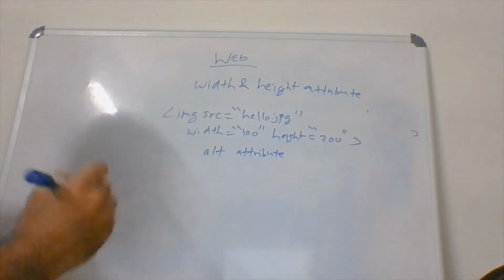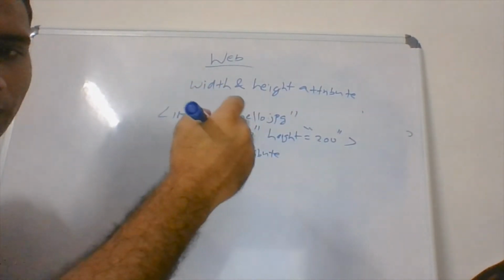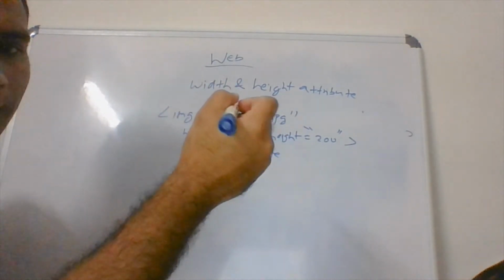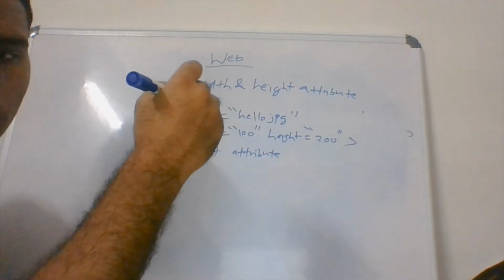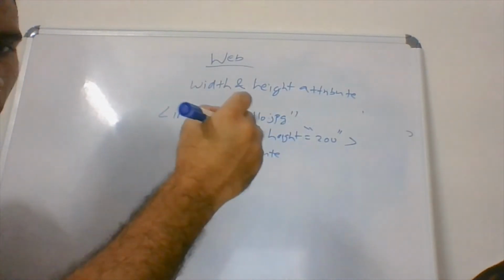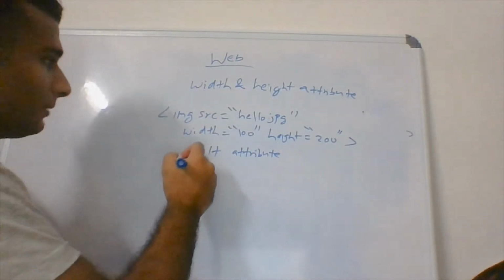Next we will see alternate attribute. The required alternate attribute for the image tag specifies an alternate text for an image. If the image for some reason cannot be displayed, this text can be seen by the user when there is no image. This is called alternate attribute. Example.